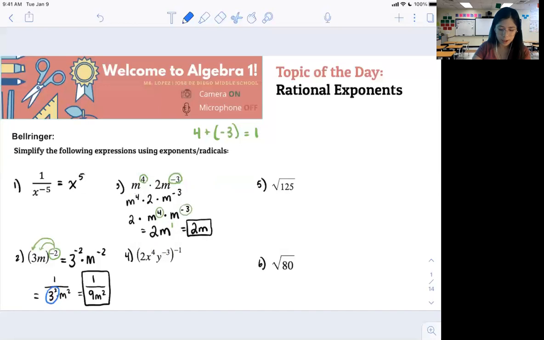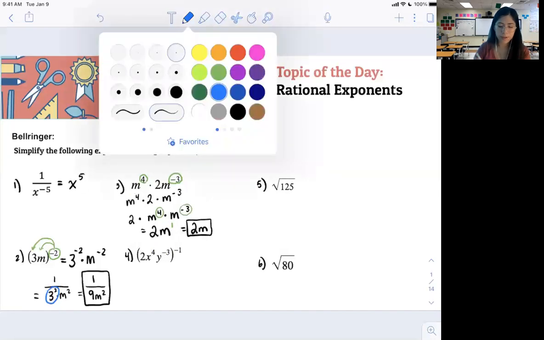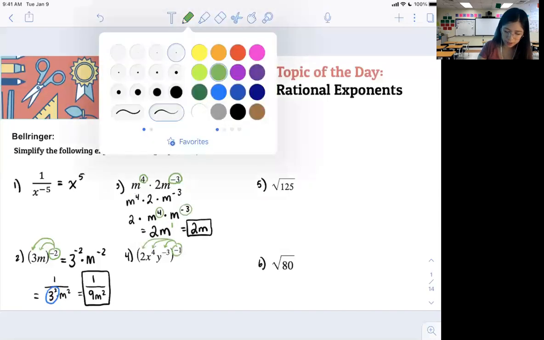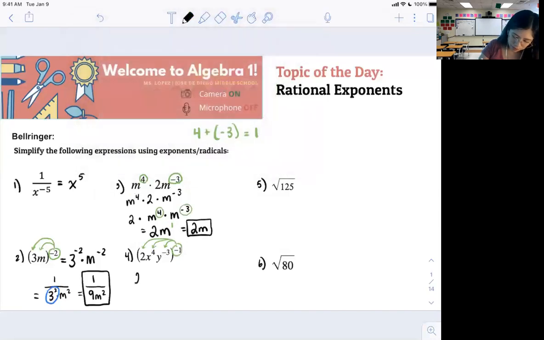Number 4 gets a little more complicated, but what do we have to do first? Distribute. Okay, everything gets a negative 1. So I get 2 to the power of negative 1 times x. Now we start multiplying the exponents.